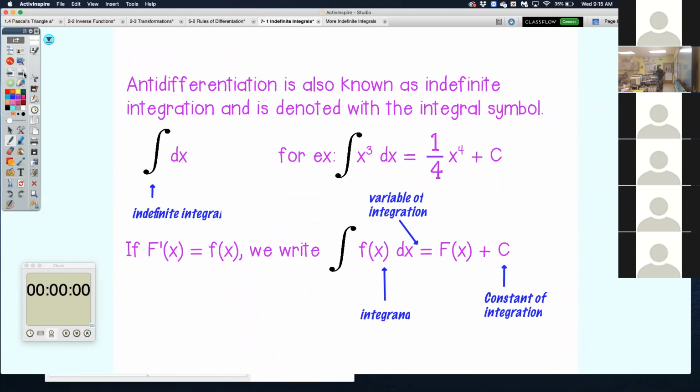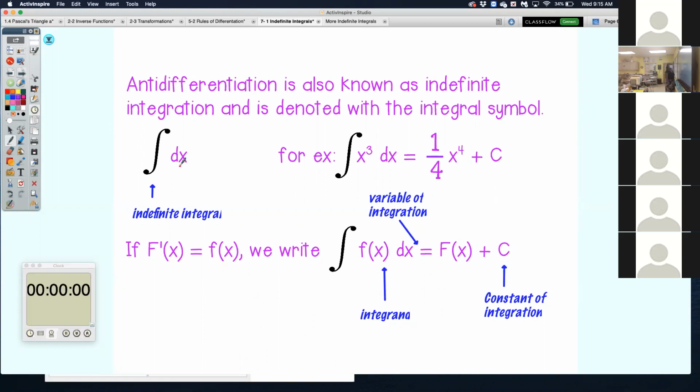Now, anti-differentiation, like I said, is known as indefinite integration, and besides just saying anti-differentiate, it can be denoted with the integral symbol. The black symbol is the integral symbol, and that stands for the indefinite integral.